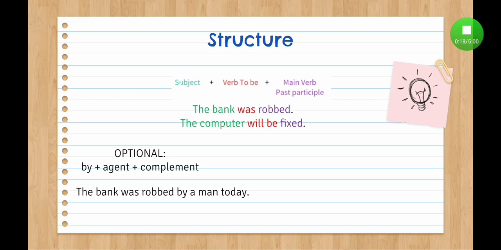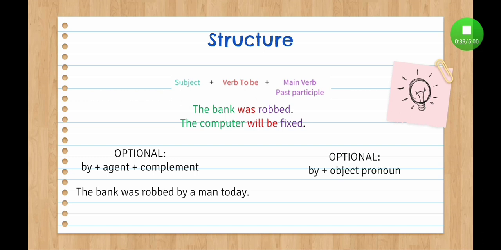In here we have, the bank was robbed by a man today. After the particle by, we have the agent of the sentence, that is the one that is doing the action. In this case, the man was the one that robbed the bank. And after the agent, we have the complement, that in this case is today.